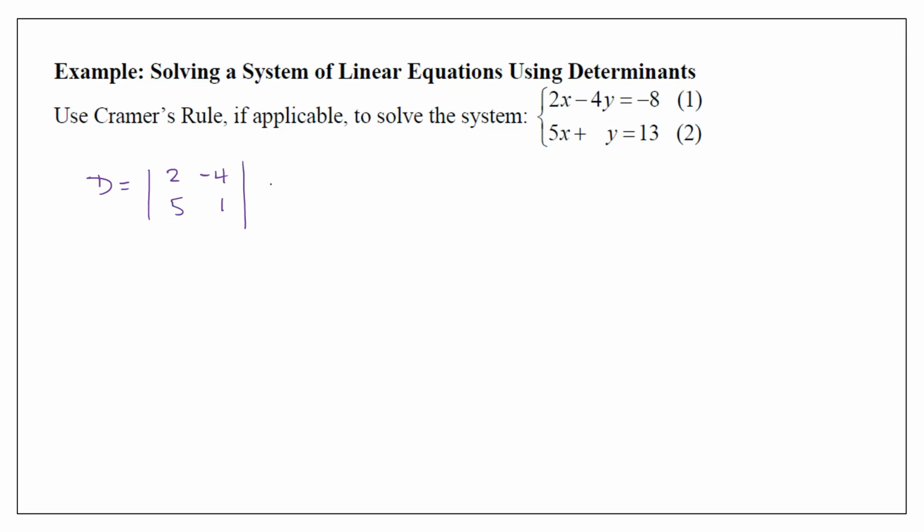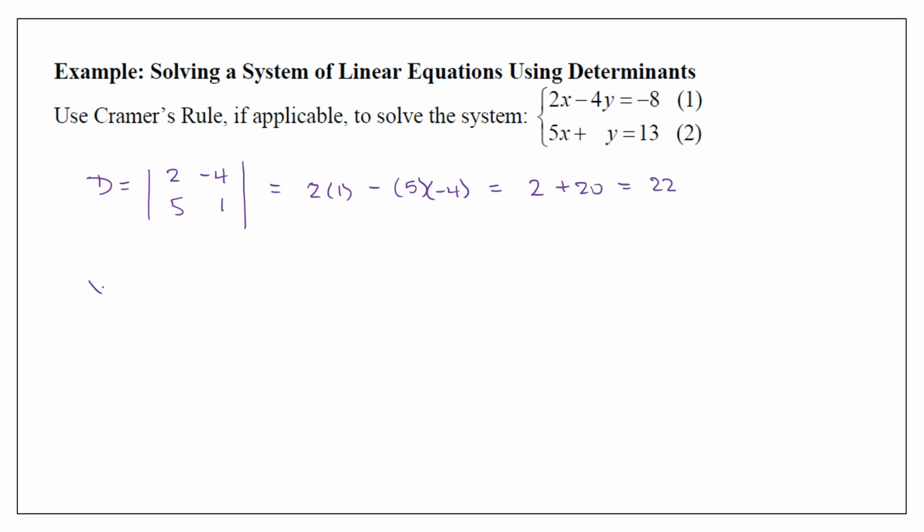We then multiply 2 times 1, which is A times D, minus 5 times -4, which is B times C. That gets us 2 plus 20, which equals 22.